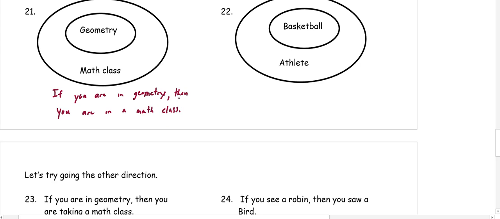Number 22, our little circle is basketball and our big circle is athlete. So in this case, remember that basketball is going to be the hypothesis, and athlete's going to be the conclusion. So if you play basketball, then you are an athlete.